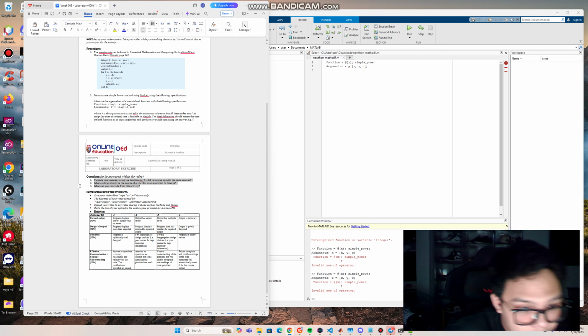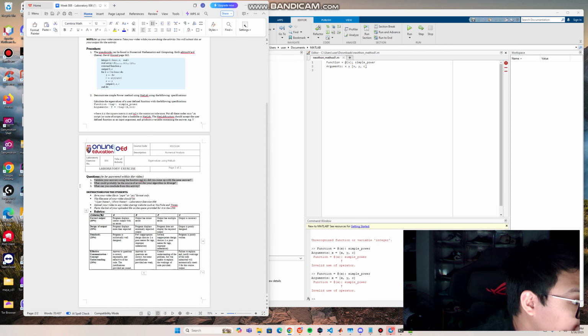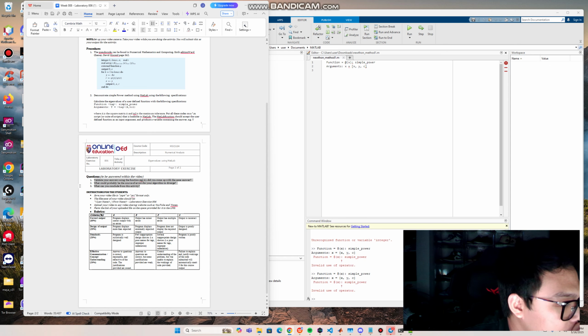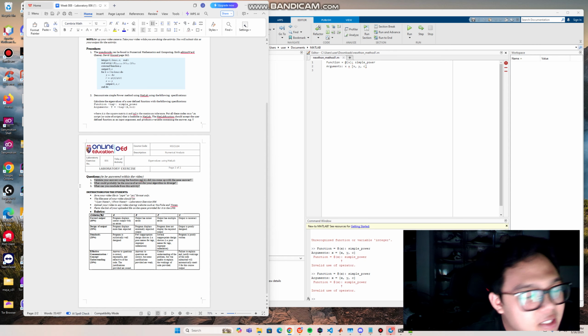So for the first question, validate your answers using the function eig. Did you come up with the same answer? So the key steps would be: implement the power method as described earlier to find the dominant eigenvalue and eigenvector.